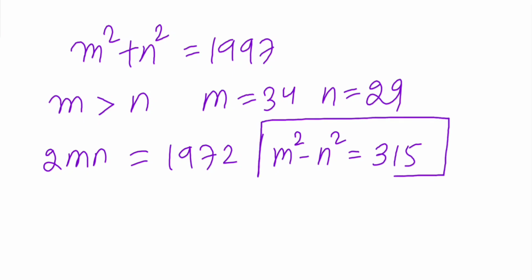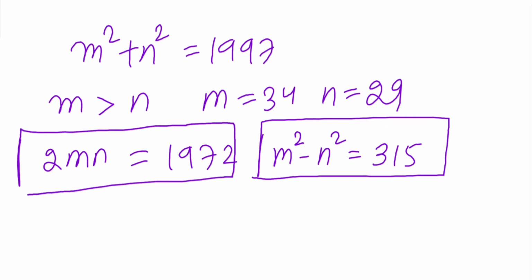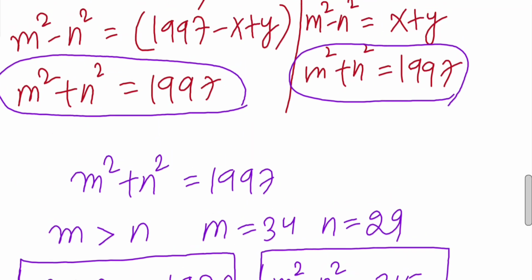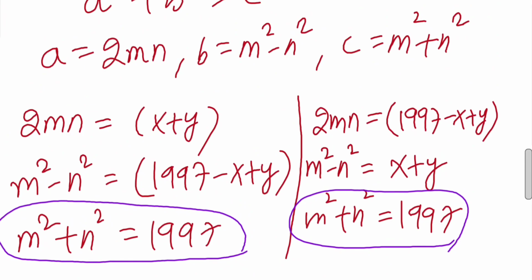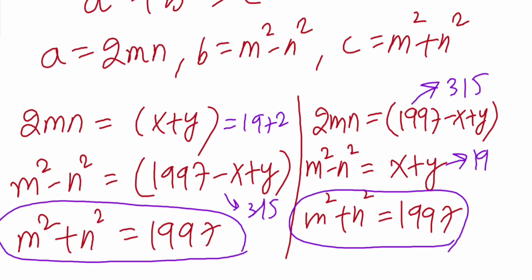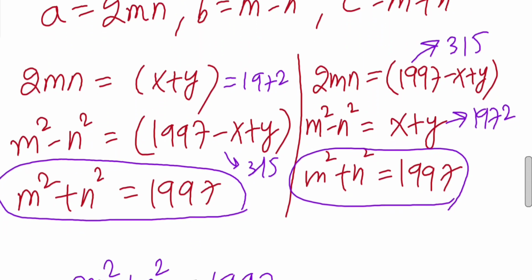Let's use this in our equation and hope to find some positive solution here. So this can be, as I said, 1972 and this can be 315, or this can be 315 and this can be 1972. Let's solve it.